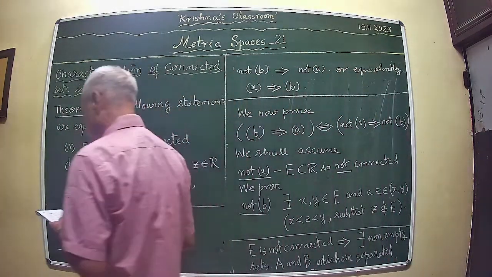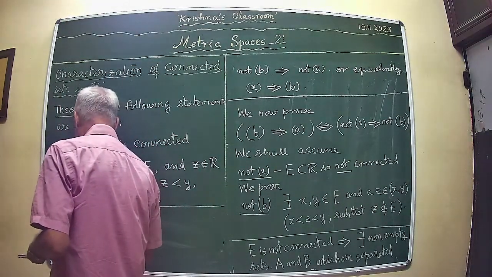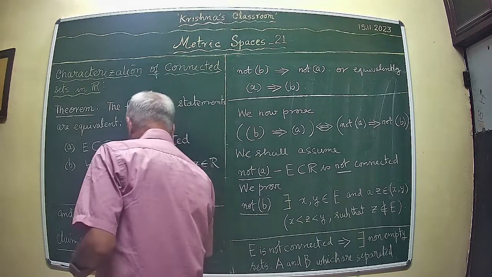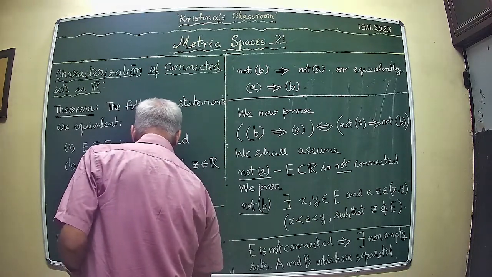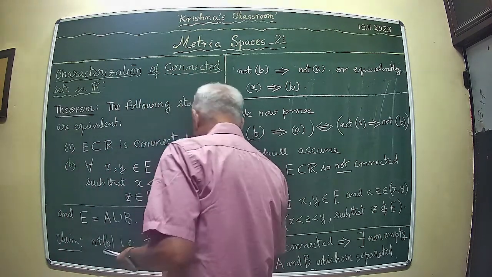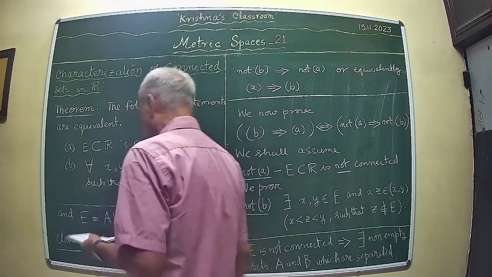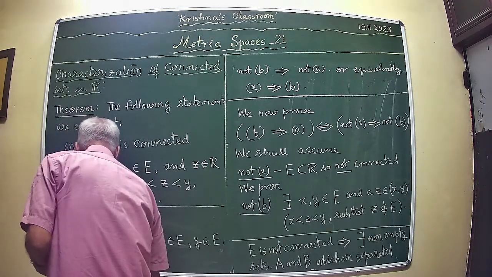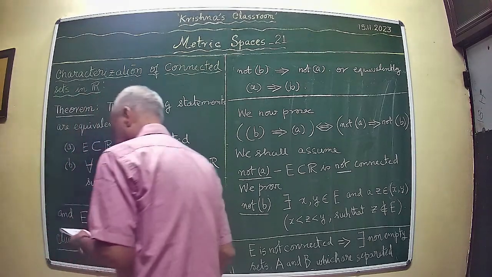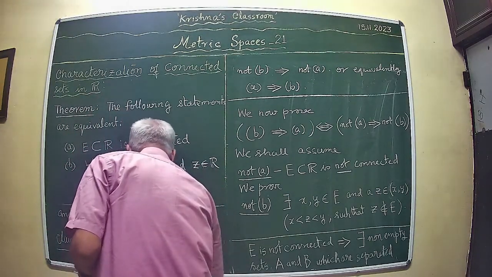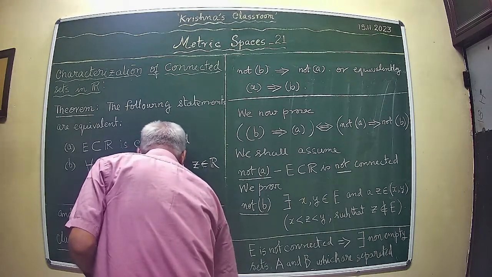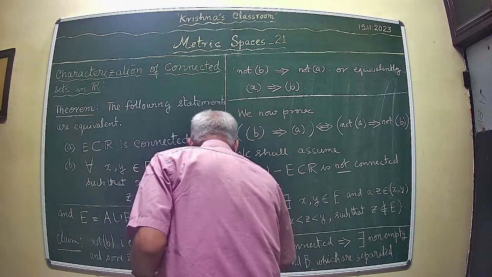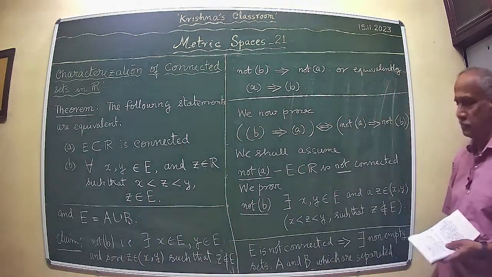What we claim is not B, that is, there exists X belonging to E, Y belonging to E, and some Z in the open interval XY such that Z does not belong to E. So that is the assumption. That is what we mean by not B.